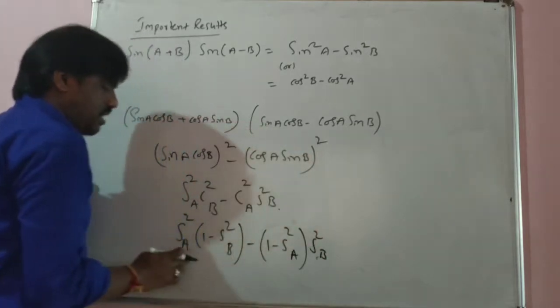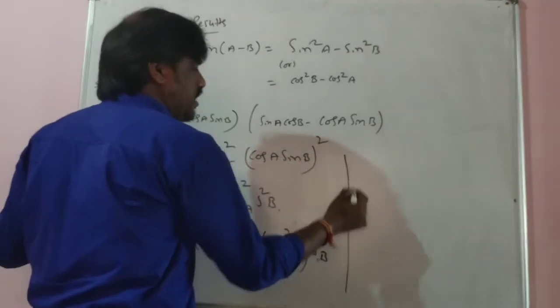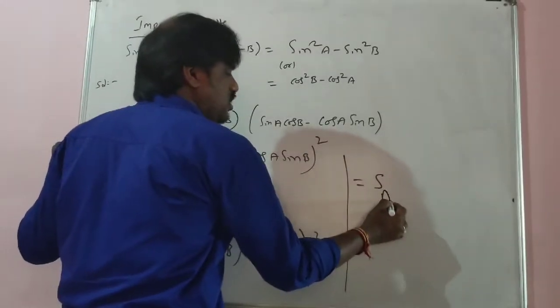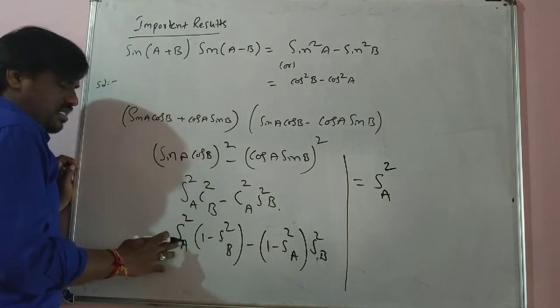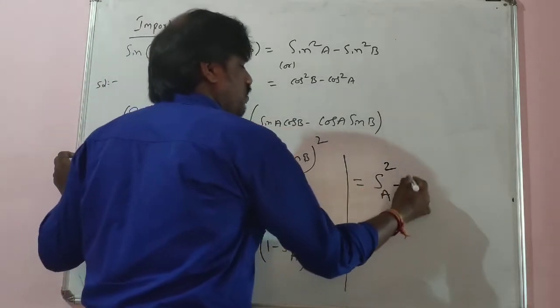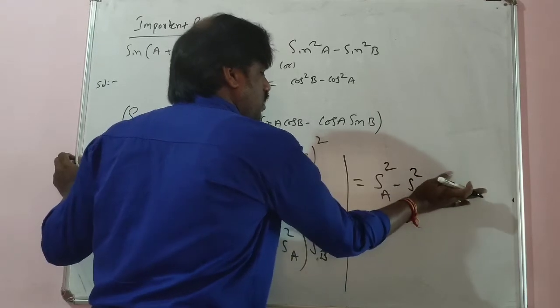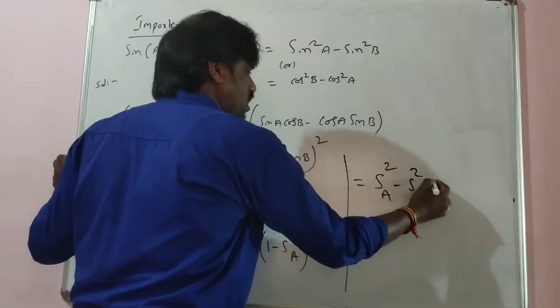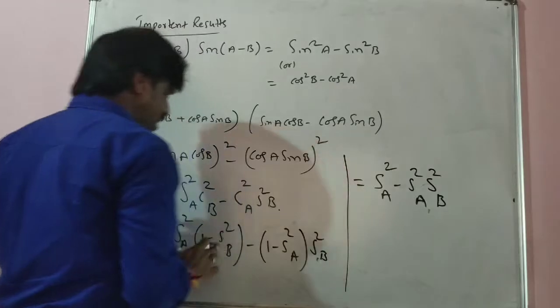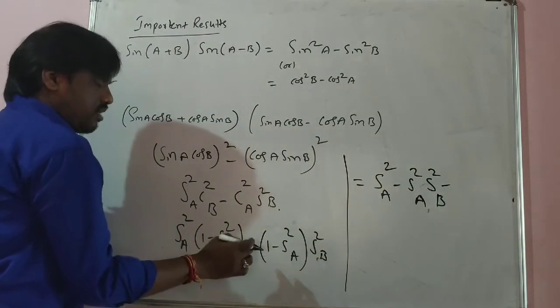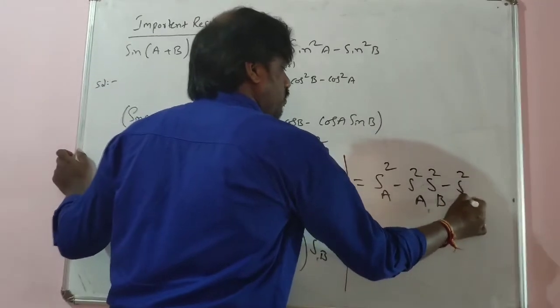So what I am going to do here is multiply this. If I multiply, sin square a into 1, minus sin square a into sin square b, after multiplication here, minus sin square b into 1, sin square b.